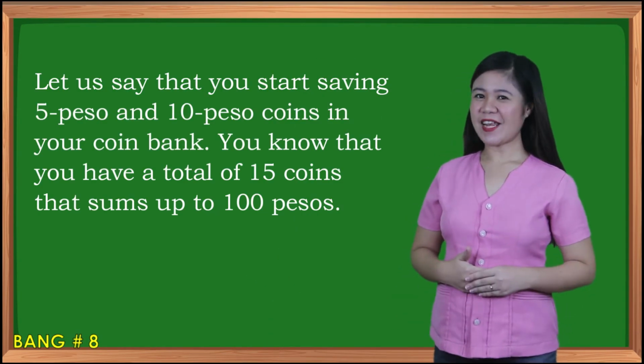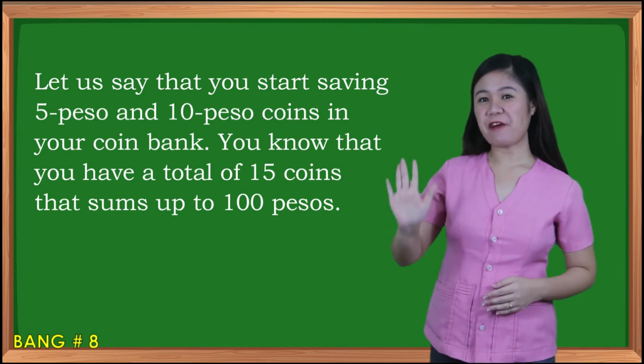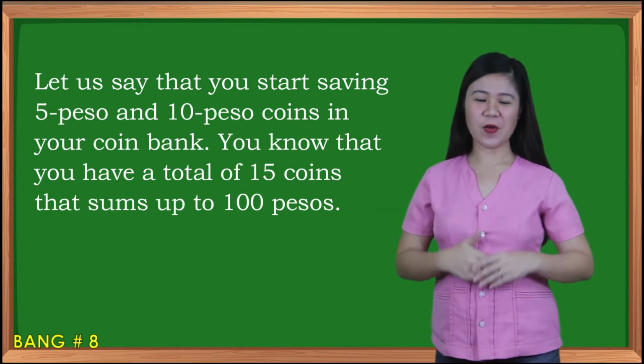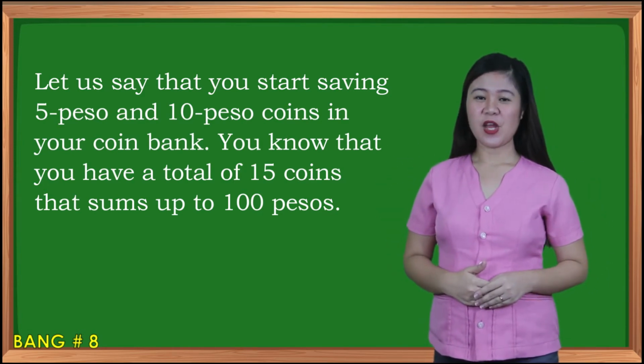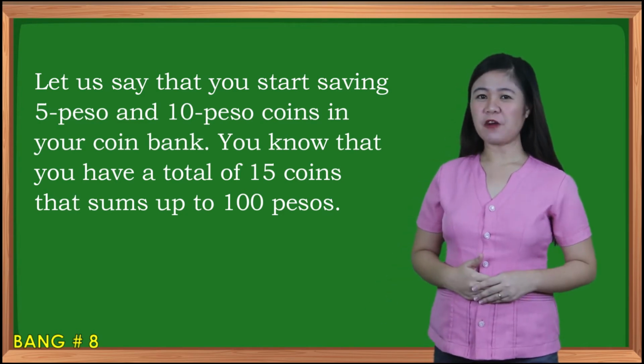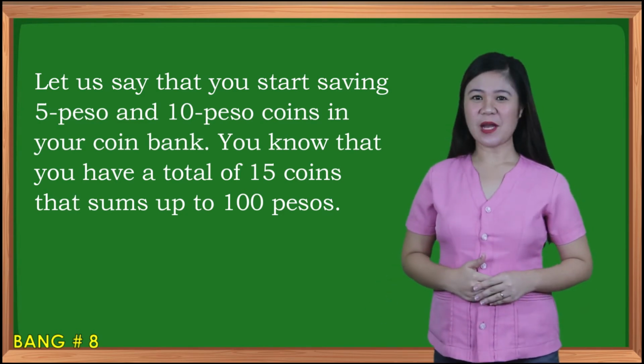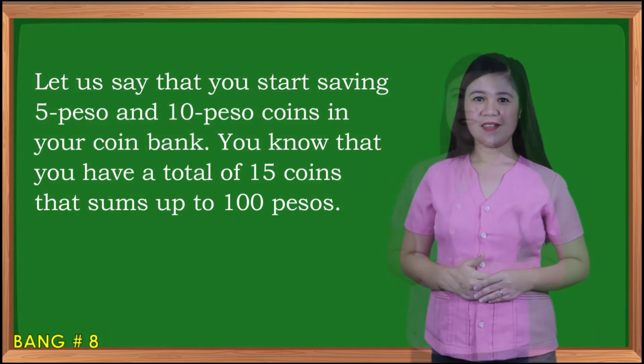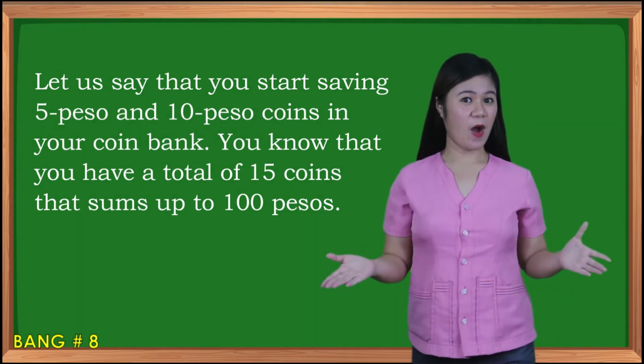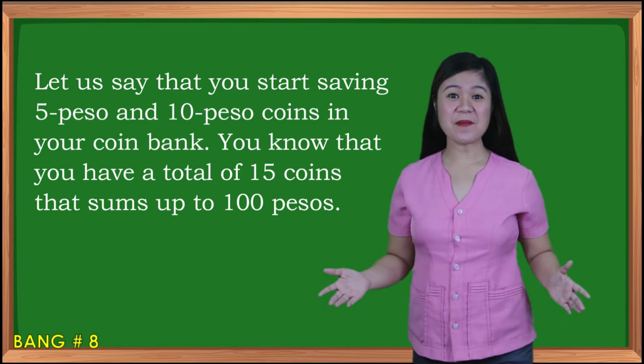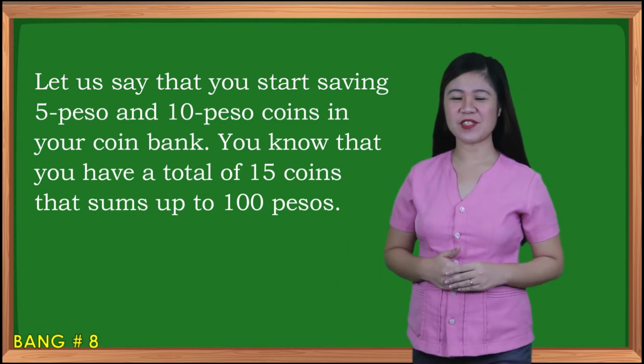So, let us say that you start saving 5 peso and 10 peso coins in your coin bank. You know that you have a total of 15 coins that sums up to 100 pesos. Now, let us use a mathematical model to represent your savings.